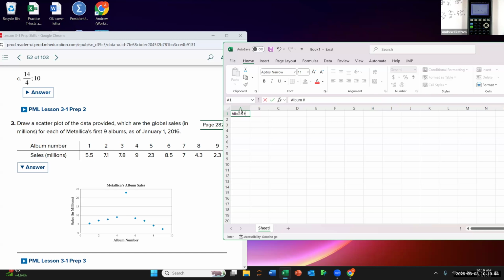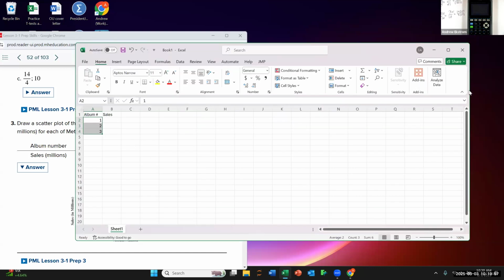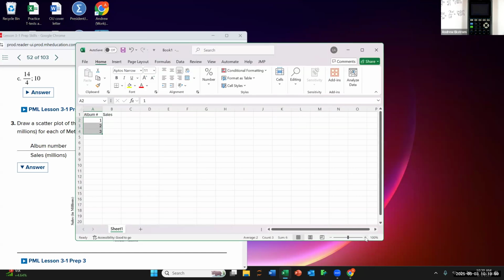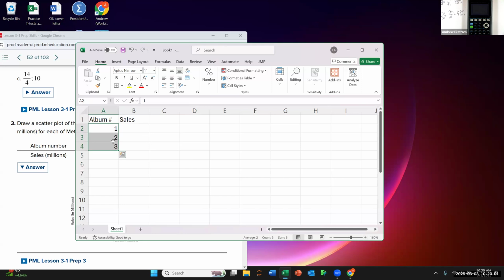I can say album number, sales, and then do 1, 2, 3. And because Excel has the ability to figure out what I'm trying to do here, I don't even need to put in all the numbers. Just having those numbers in there, I can drag this down. So got it down to the first 9.